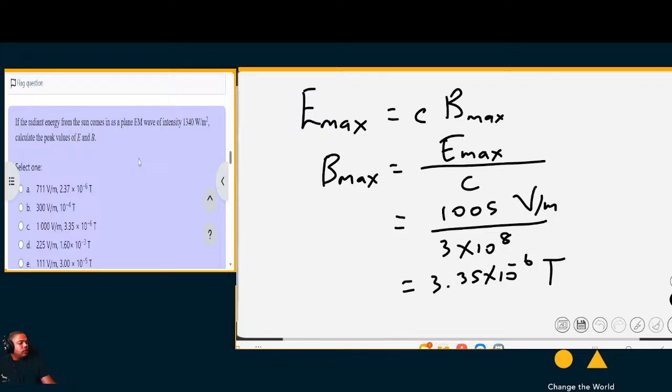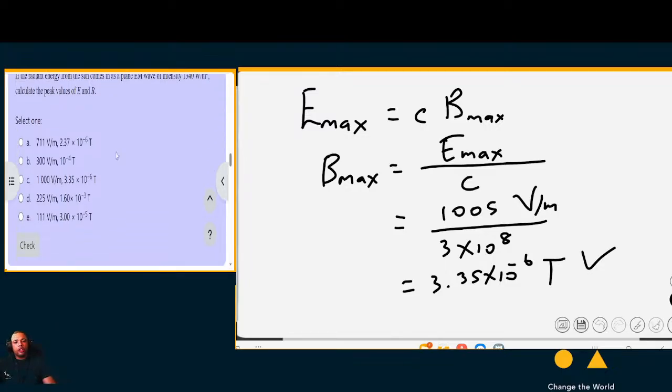In fact, it's 3 times 10 to the 8 times larger, and that will always be the case. The maximum electric field value will be 3 times 10 to the 8 times larger than the maximum magnetic field value.